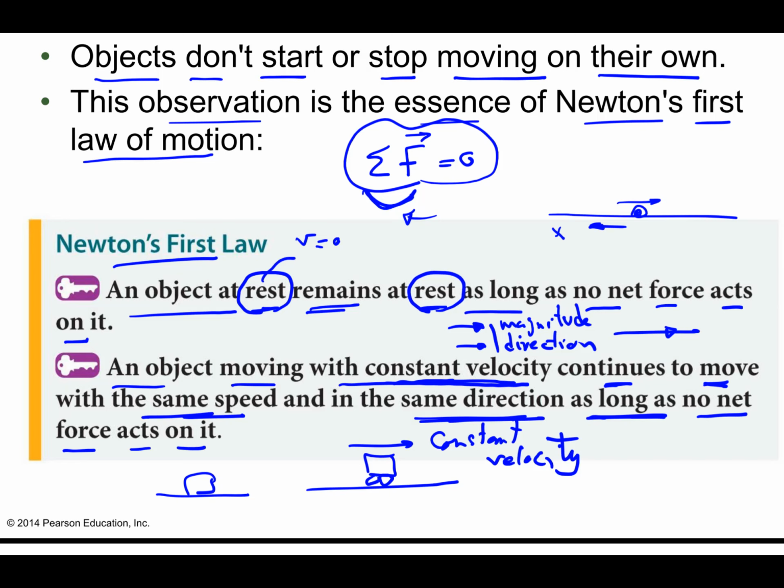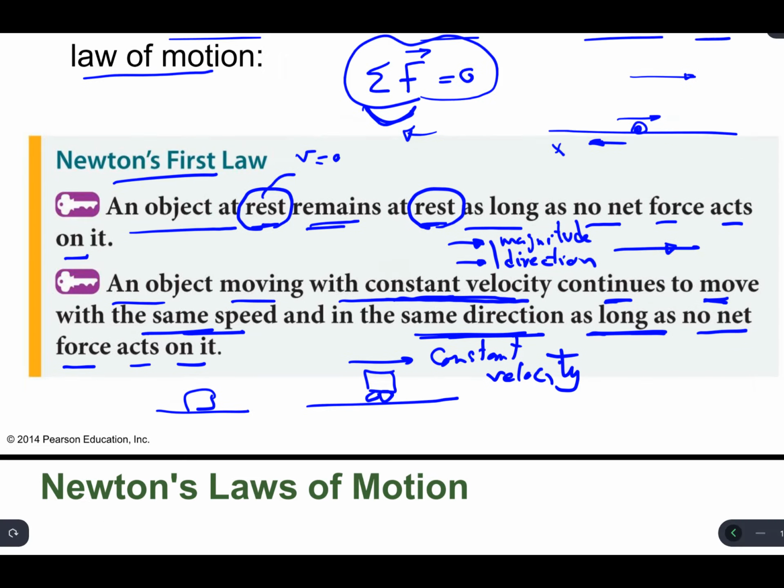That happens in space. When something moves far from any planet, it continues moving at constant velocity as long as no net force acts on it. What we spoke about in this slide is Newton's first law, or you will know later that we call it the law of inertia. Law of inertia, and you will know the reason for that.